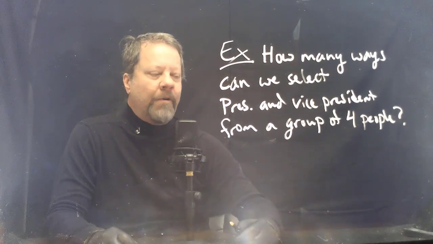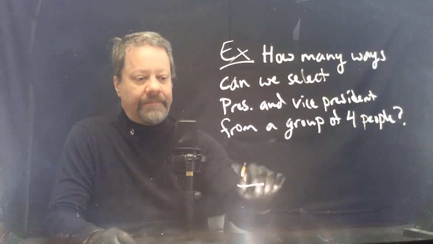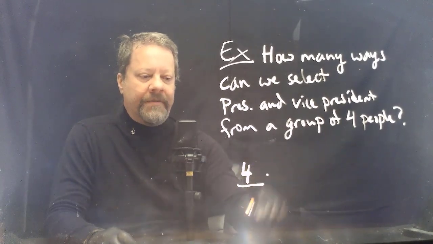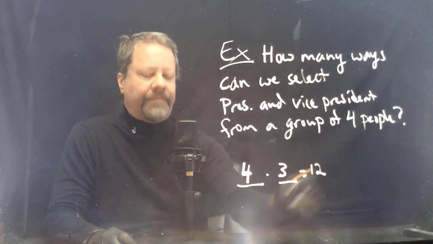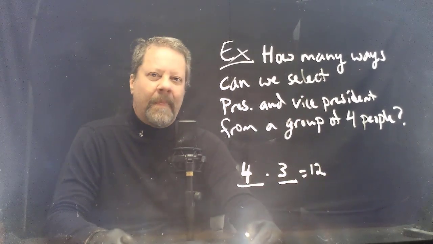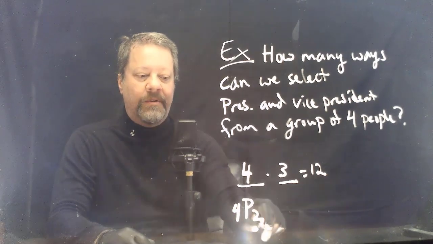So you have 4 people to choose from and 2 slots. The fundamental counting principle would say 4 ways to fill the first slot, and then 3 ways to fill the second, or 12. But we can also calculate this using our formula, 4 permute 2.